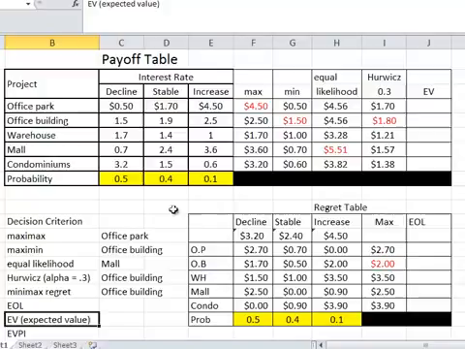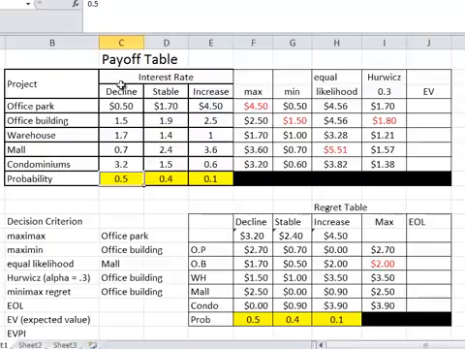Now it's time for us to use probabilities, and this is how we calculate expected value for each of the decisions we have. Right now we expect that there's 50% chance interest rate is going to go down, 40% chance it's going to remain stable, and 10% chance the interest rate is going to go up. Let's calculate the EV for Office Park first.